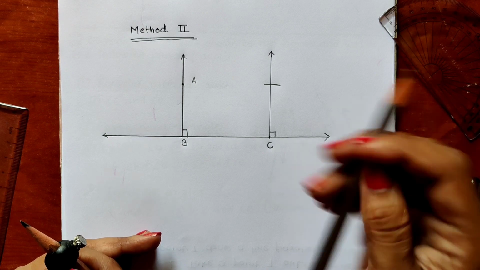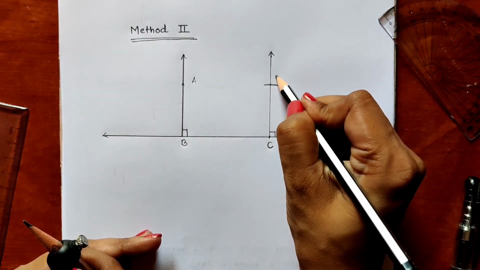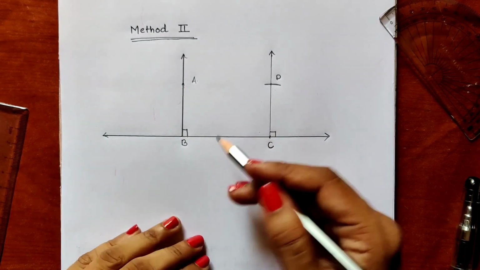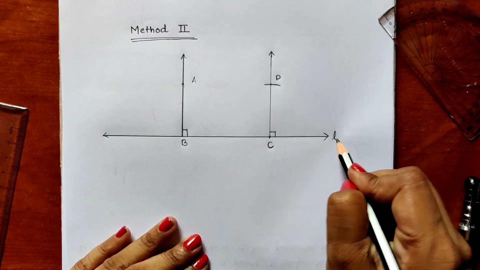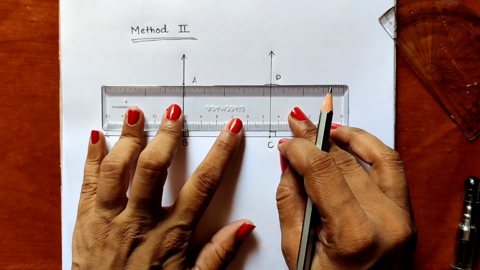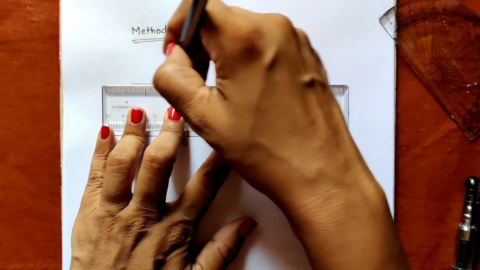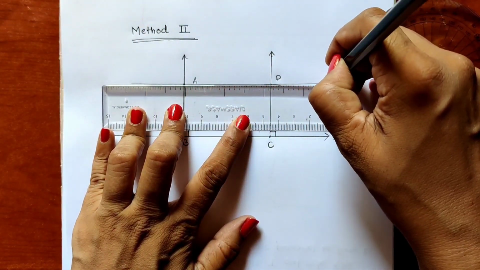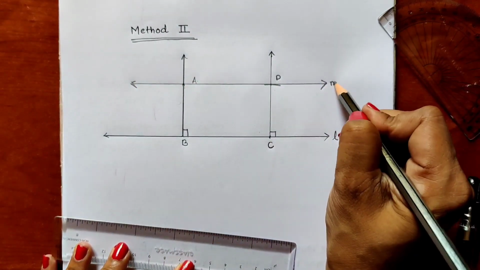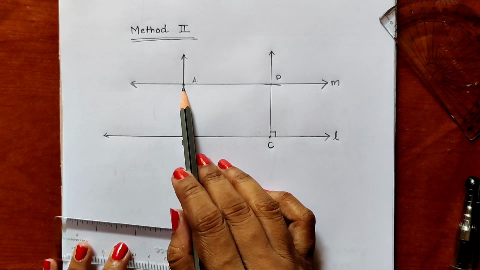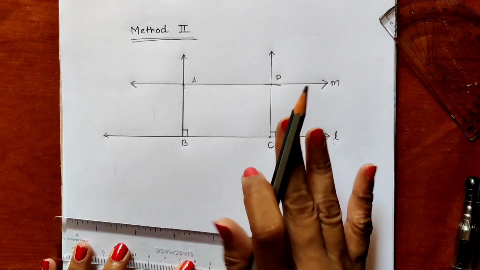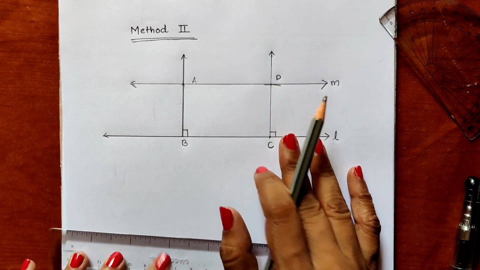This may be point D, and as now we have got this point A and D at equal distance from this line L, we can draw a line passing through this point A and D. And this way we can draw a parallel line, line M, which is passing through point A, which is outside line L. So in this way, by second method we can draw a parallel line.